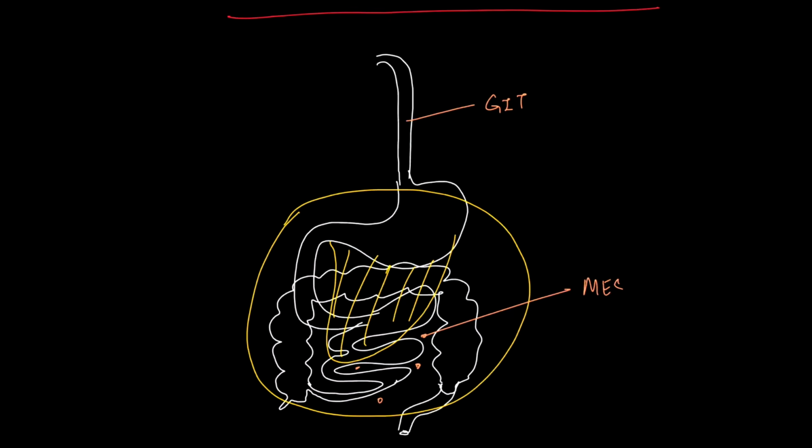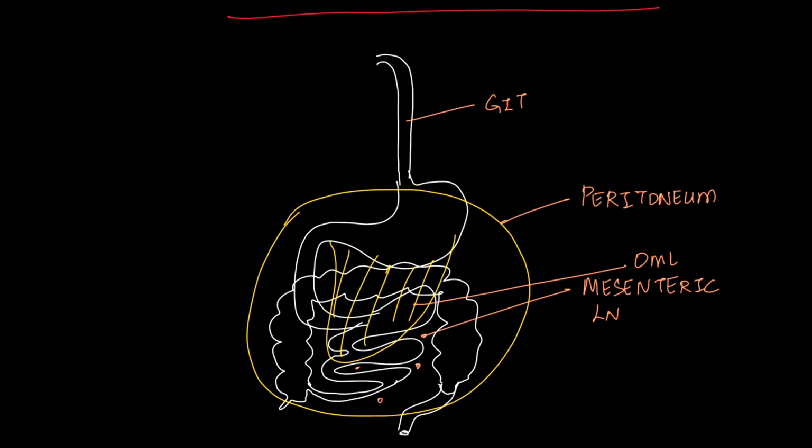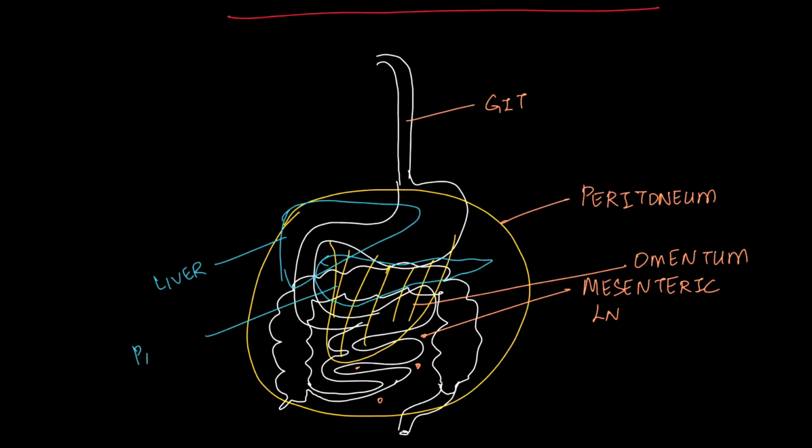the mesenteric lymph nodes, the peritoneum, the omentum, and the solid organs, which comprises of the liver, the pancreas, and the spleen.